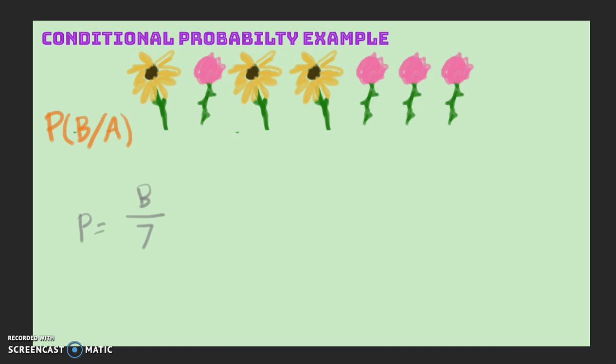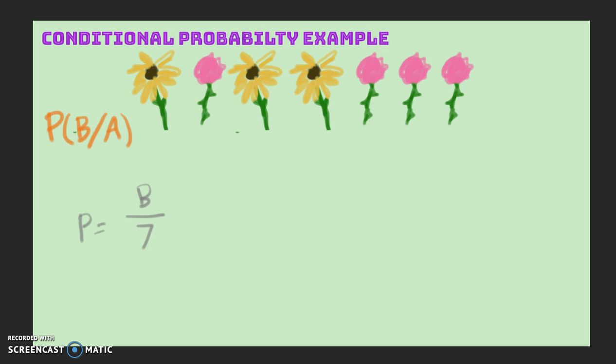So when picking the first flower, it's a dependent event because it will affect the occurrence of picking a sunflower the next time. And referring back to our equation, which means the probability of B occurring given A, we can see that the 7 remaining flowers will be our A event.